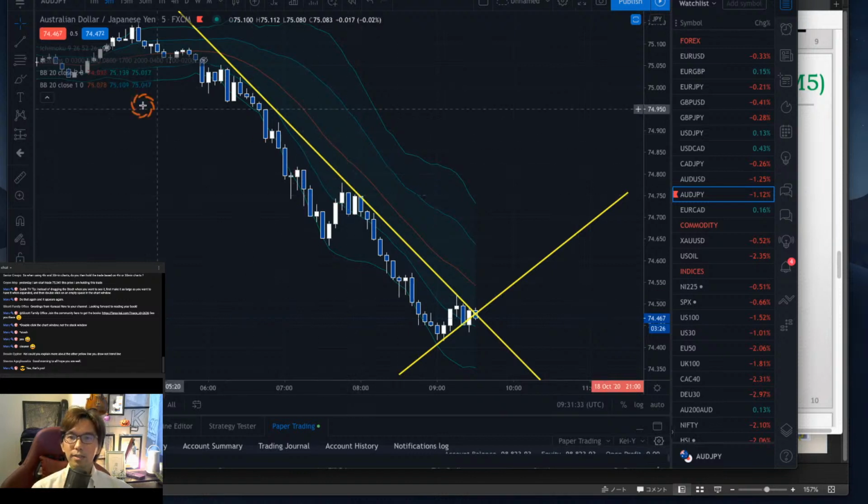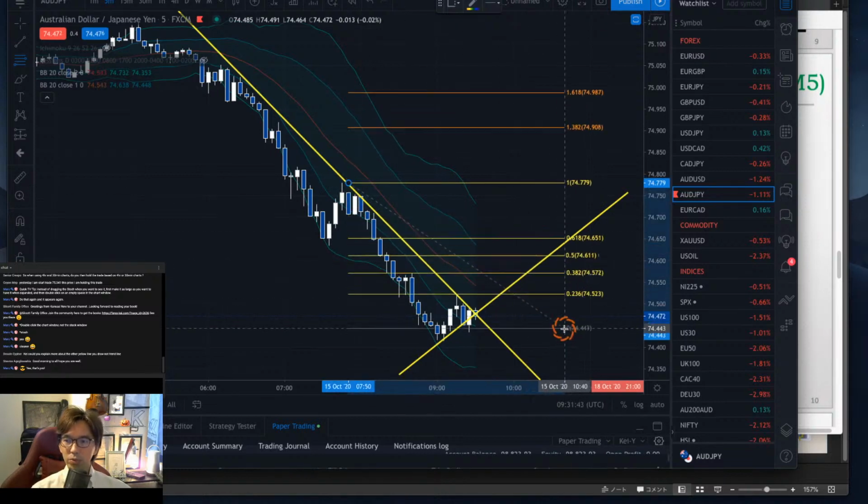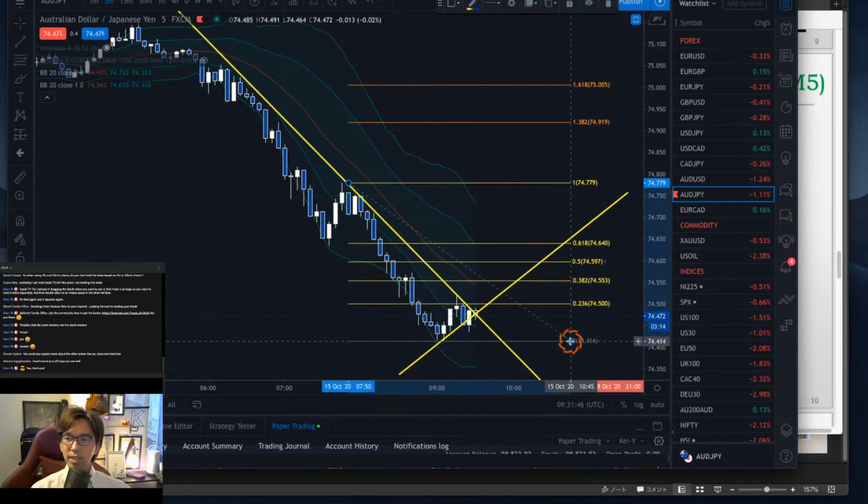Let's take the Fibonacci in 5. In the 5-minute chart, clearly there was a recent high here, so we can drag from this high to the low. We can see that there is a 23.6% bounce over here, so that will be another confirmation to sell.